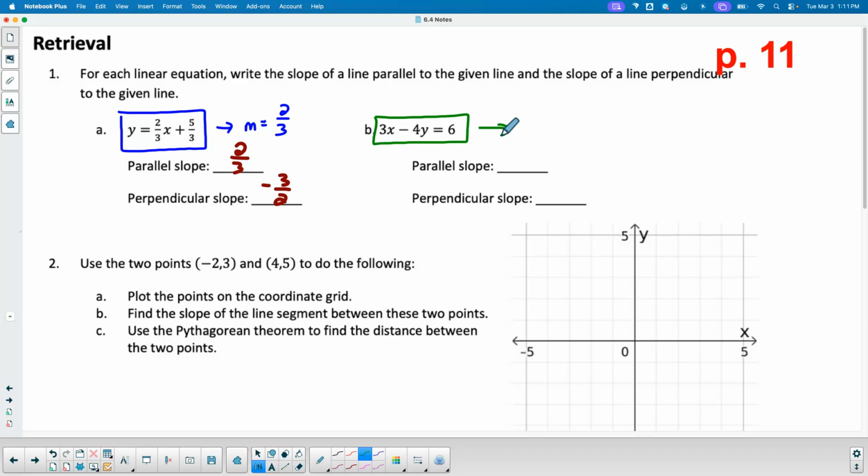Of my second one, of this original line, what is the slope? Ooh, I've gotten 3 different answers so far. Okay, so how do we figure out the slope of it? So solve for y. My first thing I'm going to do is subtract 3x. Then I'm going to divide by -4.